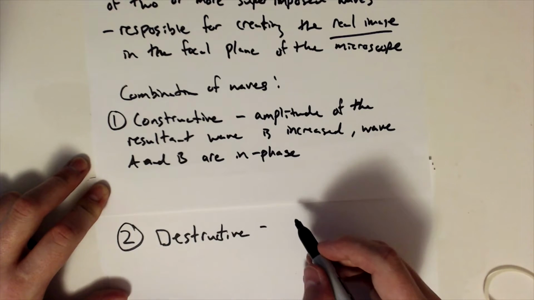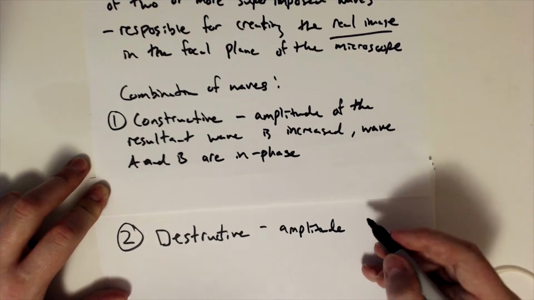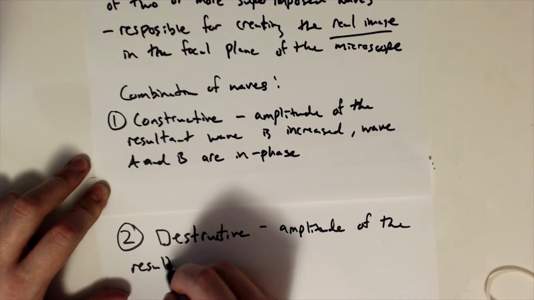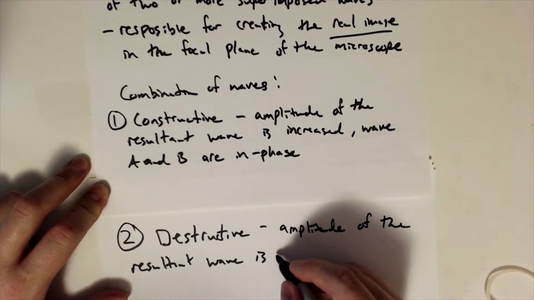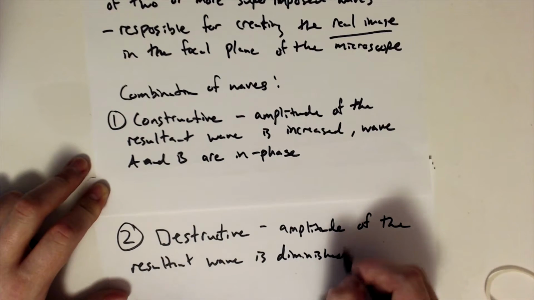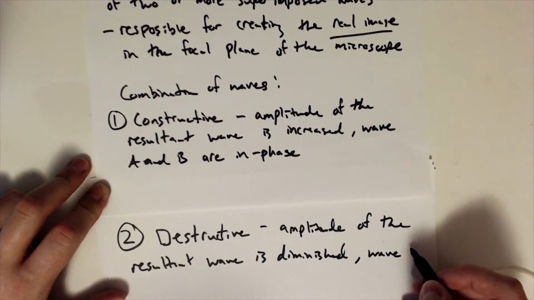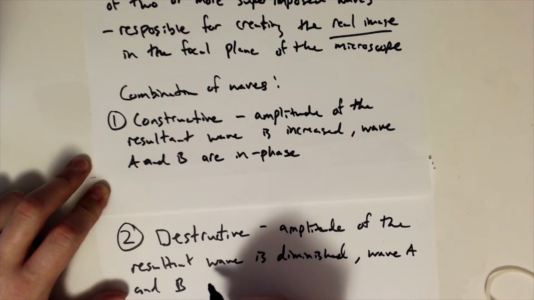This is where the amplitude of the resultant wave is diminished. Waves A and B are out of phase.